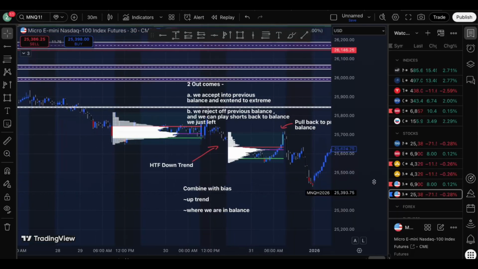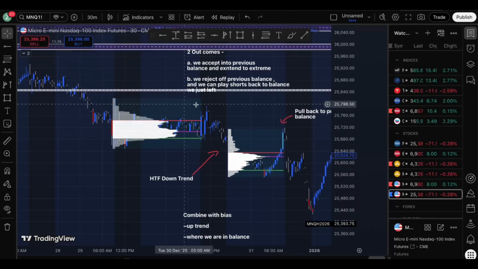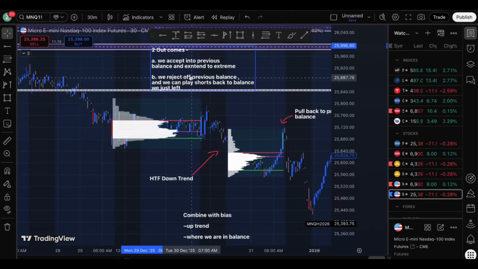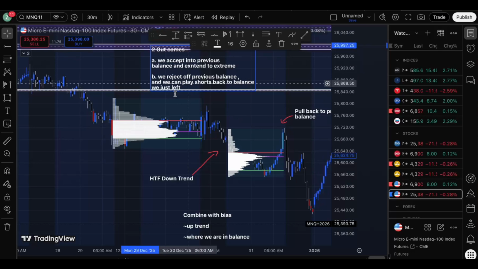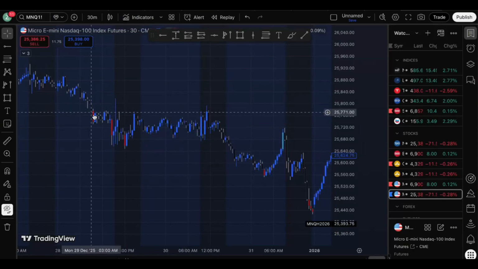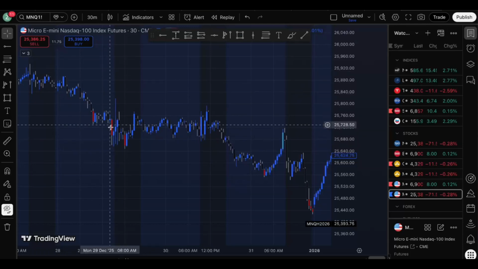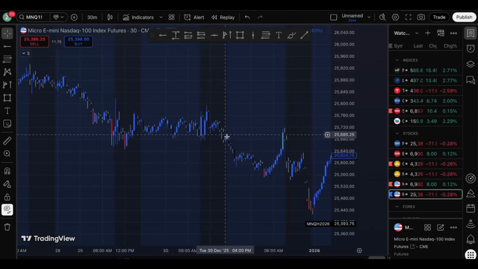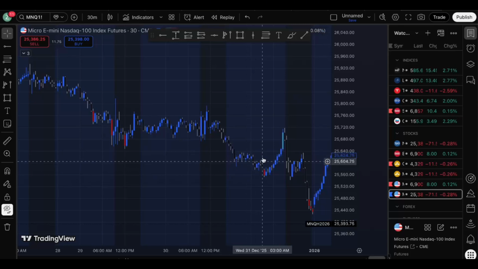So first things first, we got to realize with our bias, what's our bias? We're using the high time frame trend and where we are in the balance. So in the trend, we're in a downtrend. We're downtrending, accumulation, continue the downtrend, lower lows, lower highs, okay?